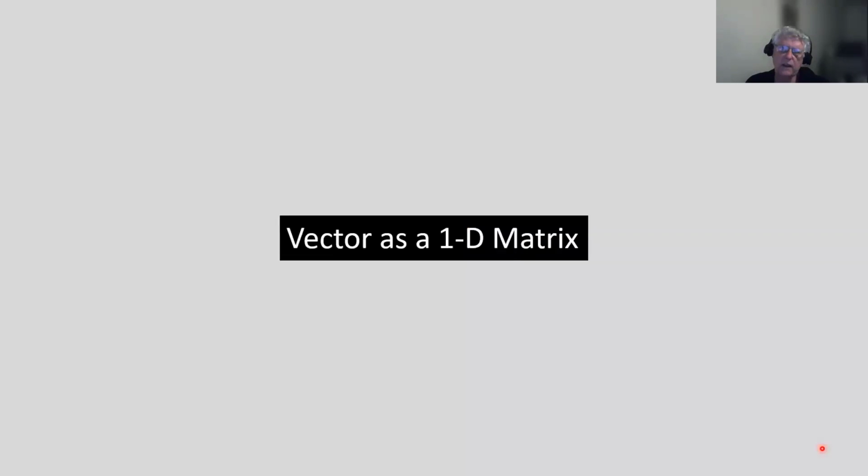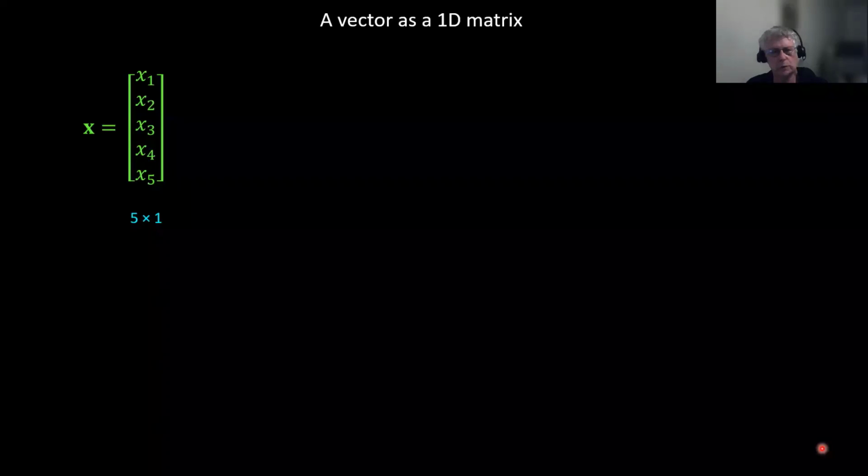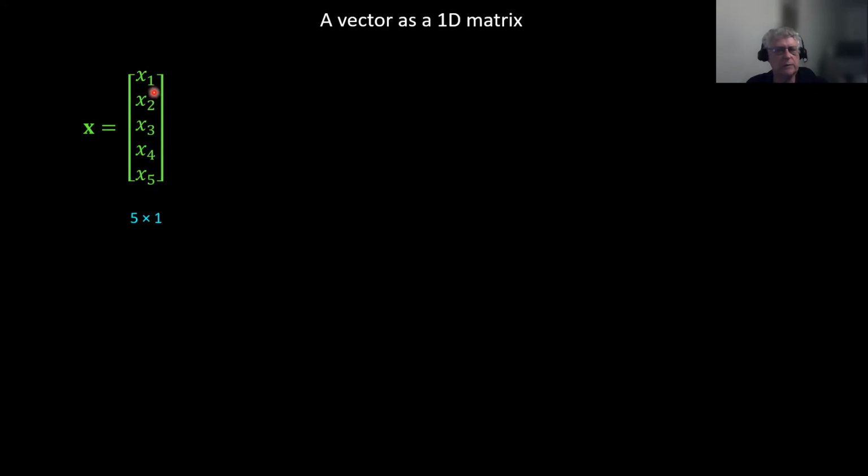So a vector, I've distinguished vectors from matrices, but really a vector is just a 1D matrix, and operations that we can perform on matrices we can perform on vectors. So here's a 5-dimensional vector, a vector X with 5 elements, X1 to X5, 5 rows, 1 column.